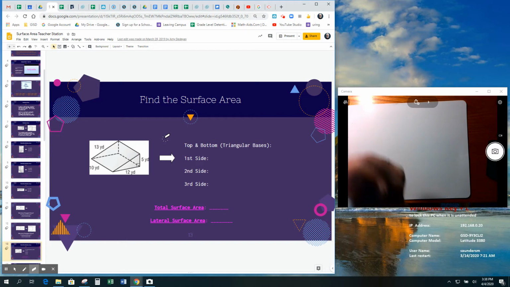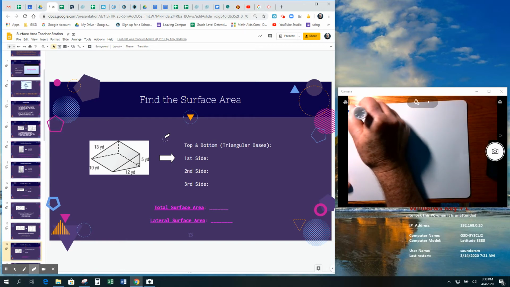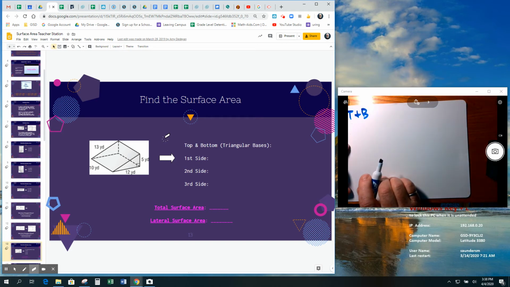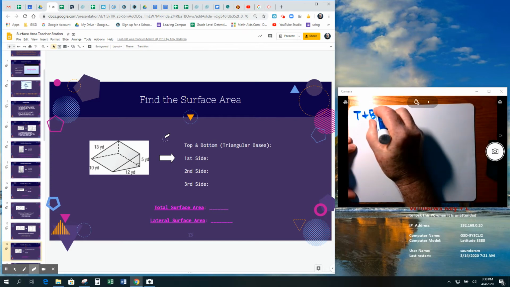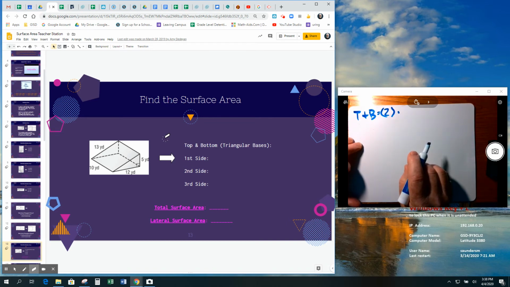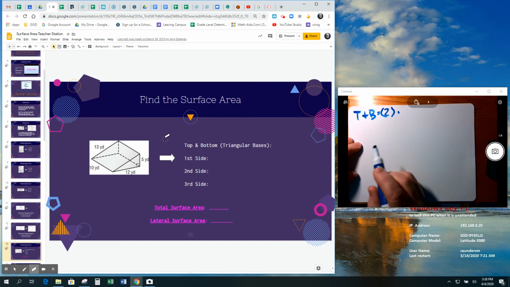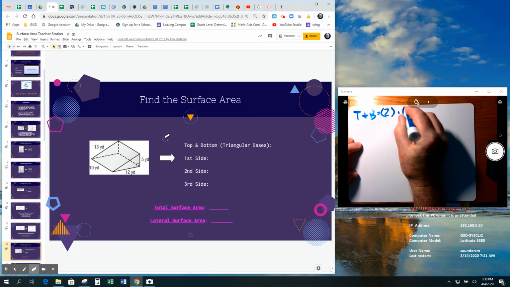All right, so we're going to have a top and a bottom. Those are going to be the same because it is a prism. So the triangle shape is the same all the way through the prism. And we know that there are 2 of them, so I'm going to start out by 2. And so the area of a triangle is 1/2 base times height. So 2 times 1/2 is 1. So I'm just going to put my 1/2 there, and we'll cancel those out.